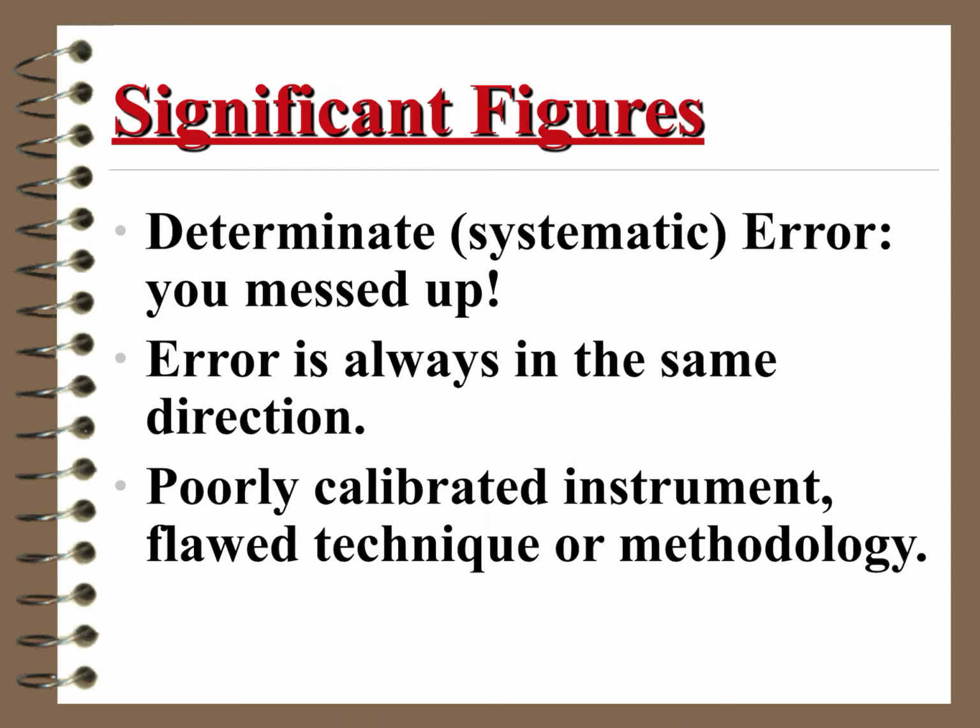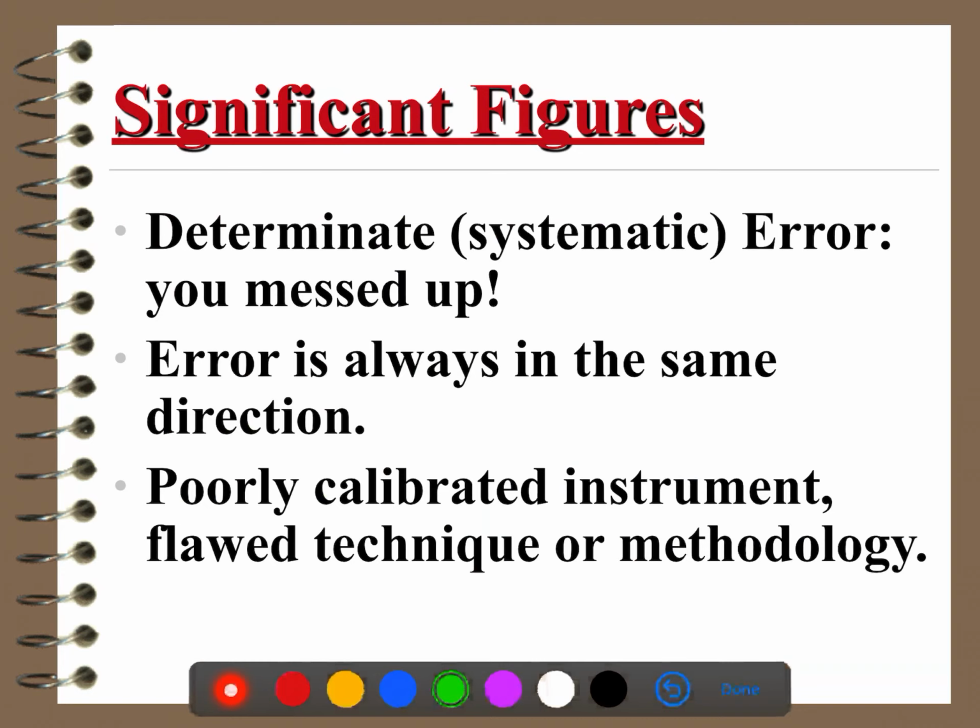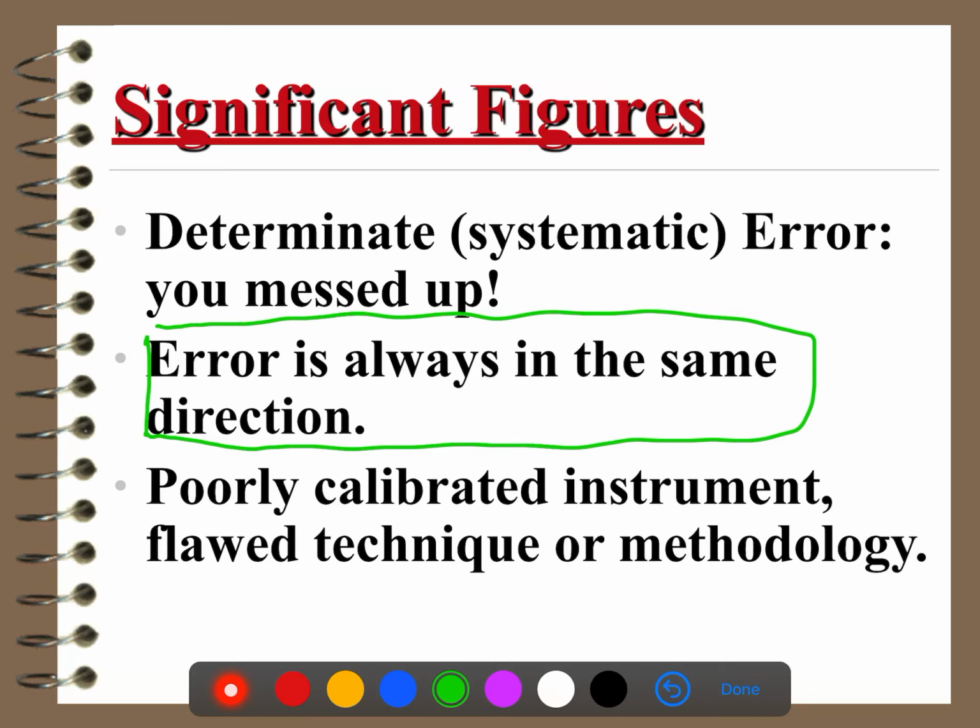Statistically, the way you can figure out if your lab has been acted upon by determinate error is to take a look at this. Determinate error is always in the same direction, which means that if there's a mistake, it's always going to be too low compared to the correct value. If there's a mistake, it's always going to be too high compared to the correct value.